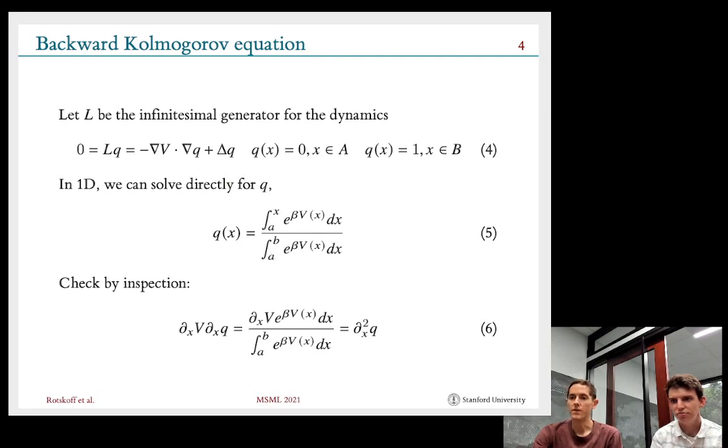We can solve directly for q, given a potential V. It just requires doing quadrature in one dimension, and we can check by inspection that the solution that we get satisfies the above PDE.